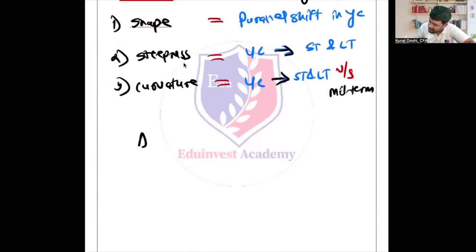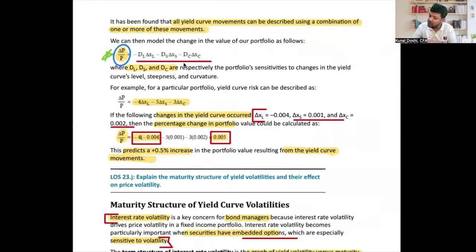So the change in the price of the bond, which is also the percentage change, is due to the three factors: a parallel shift in the yield curve, the steepness, and the curvature. So basically we write duration. Duration is a sensitivity.